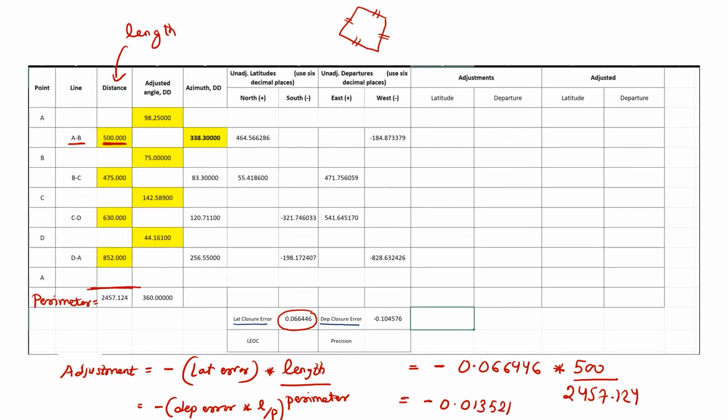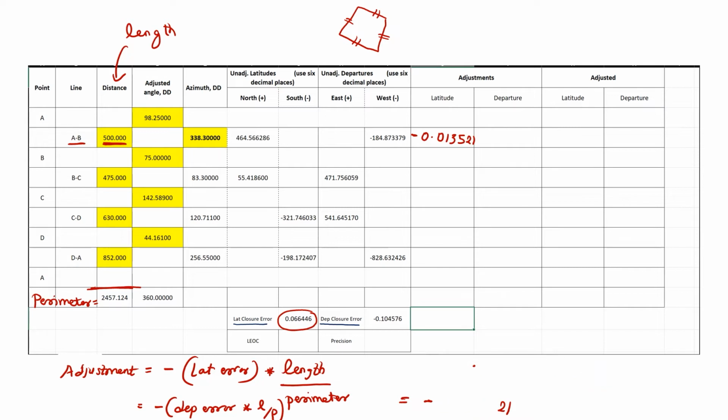I'll write this value right here since it's a latitude correction. So negative 0.013521. This is how I do the adjustment for the latitude.